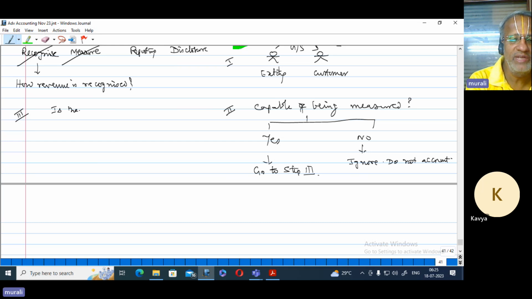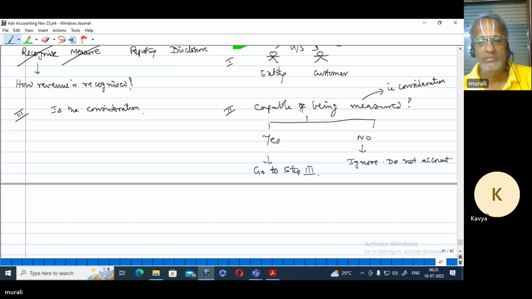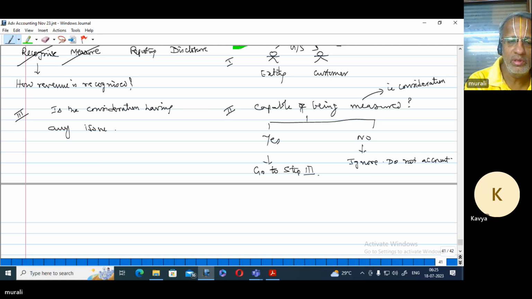Is the consideration, capable of being measured, having any issue in recovering?